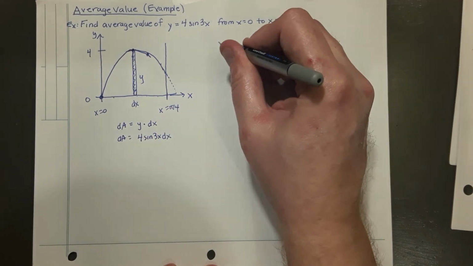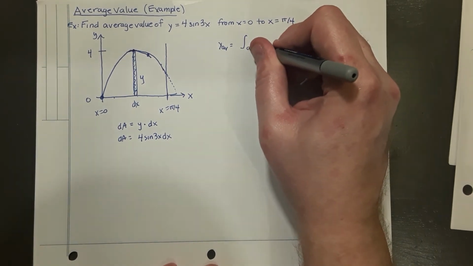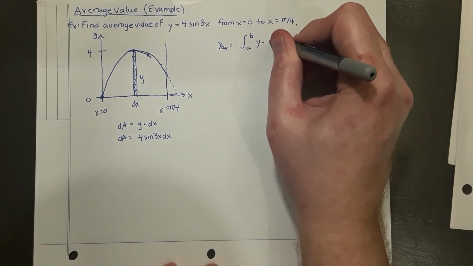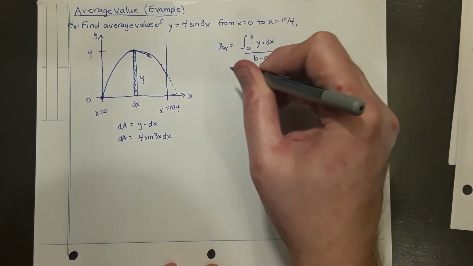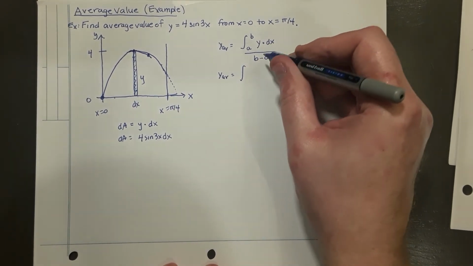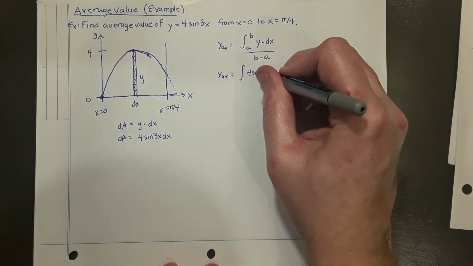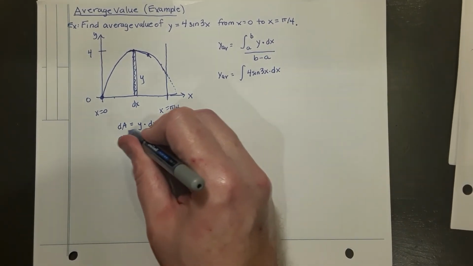And since the average value is, by definition, the area under a curve over an interval divided by the interval width, here, y dx, 4 sine 3x dx, is in the numerator. That is going to be the area element.